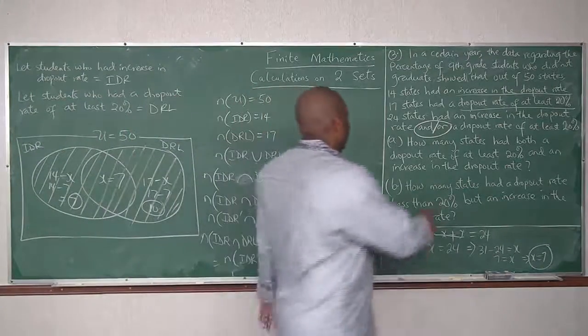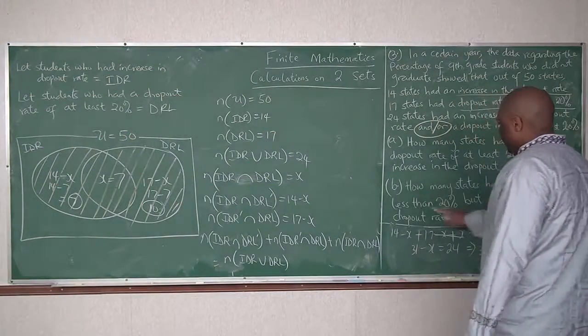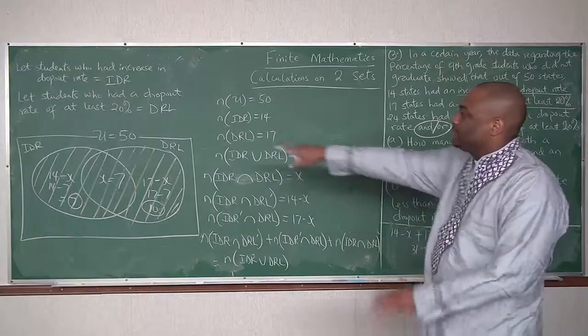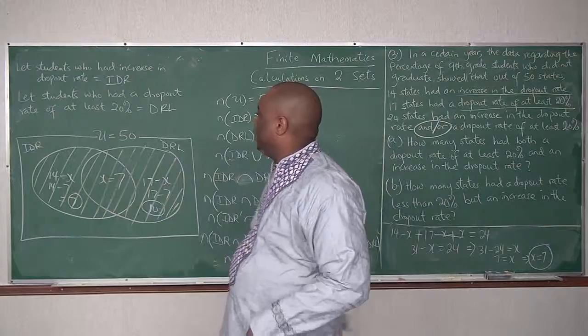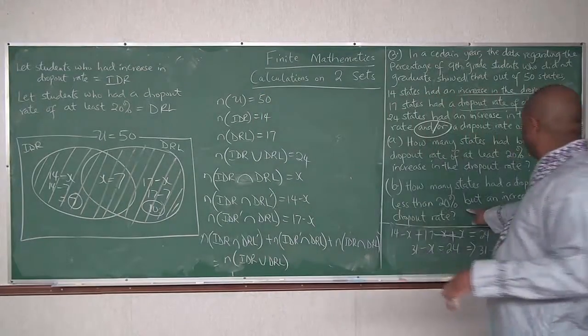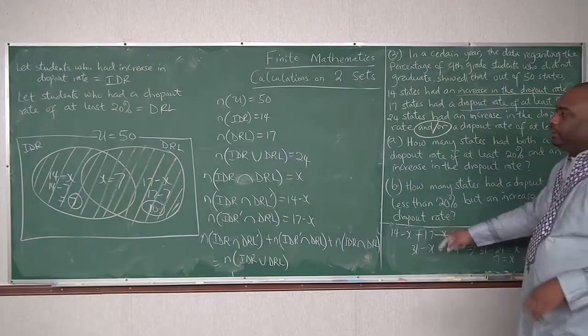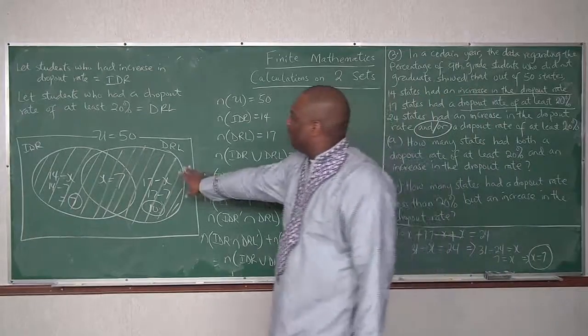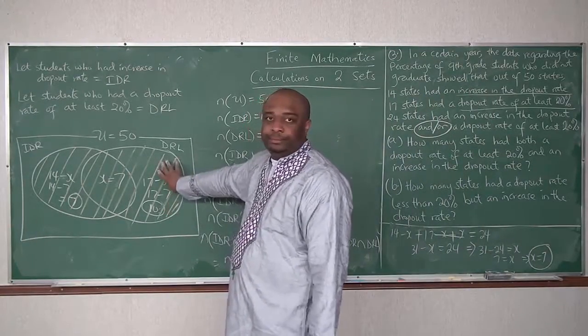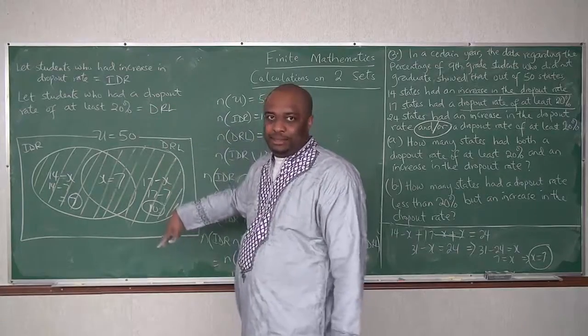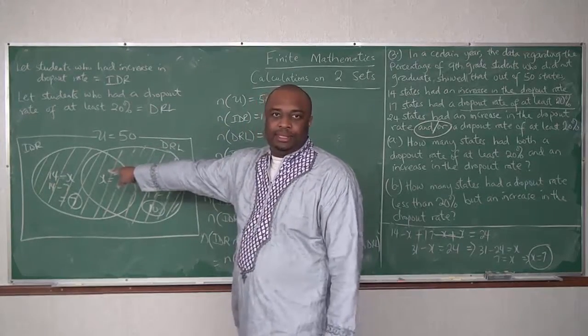The next question is, how many states had a dropout rate less than 20%? Remember, this is dropout rate of at least 20%. Okay? So less than 20%, but an increase in the dropout rate. So this is dropout rate of at least 20% DRL. So less than that means increase only.